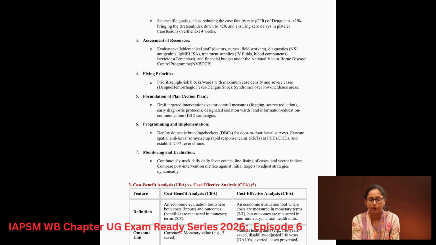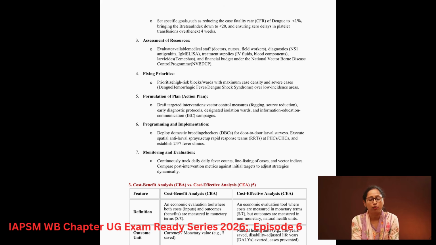Fourth point is fixing priorities. We need to prioritize the high risk blocks or wards with maximum case density and severe cases like dengue hemorrhagic fever, dengue shock syndrome over the low incidence area. We need to prioritize those serious areas, correct.